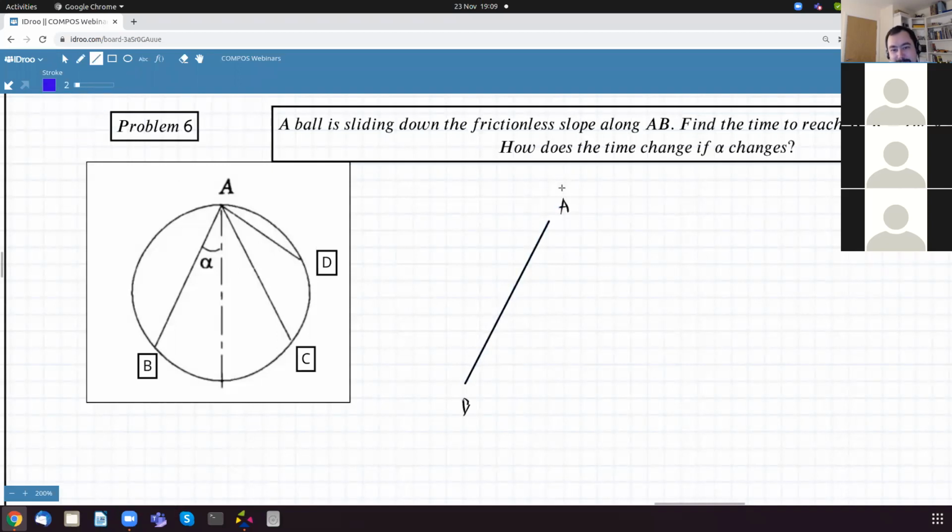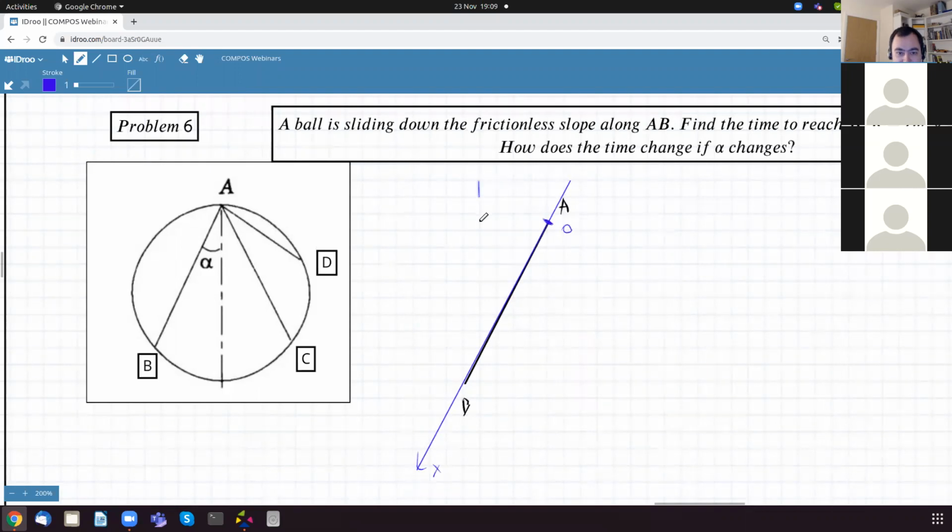We're going to use the same principle. Because this is a one-dimensional motion, we'll just direct the x-axis along AB and put the origin at A. So this is the origin, this is the x-axis.